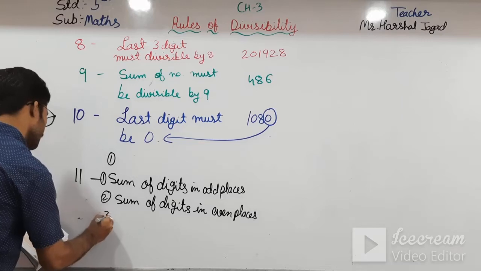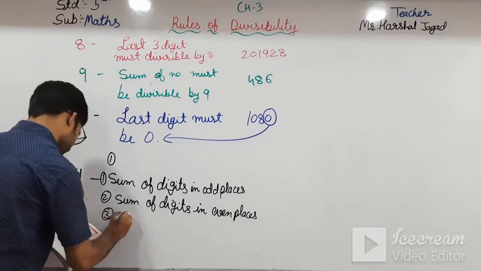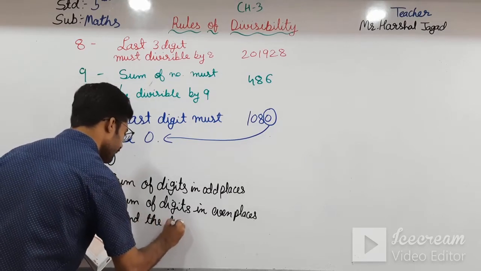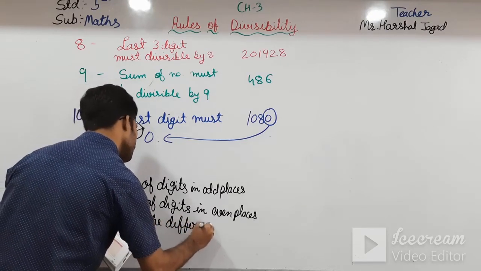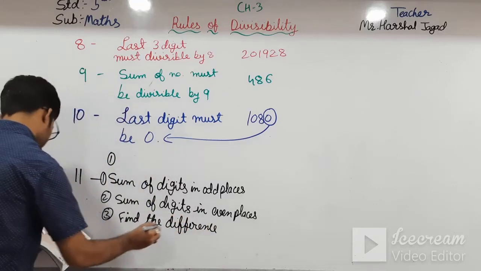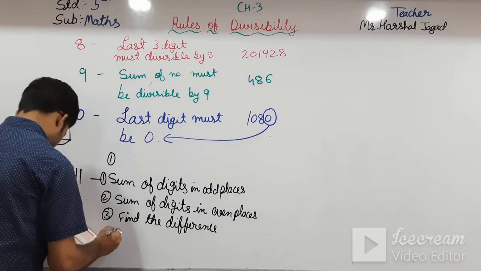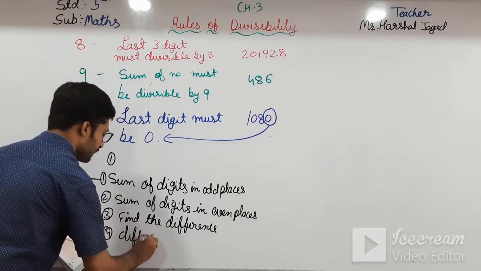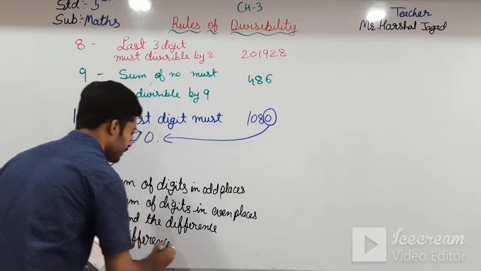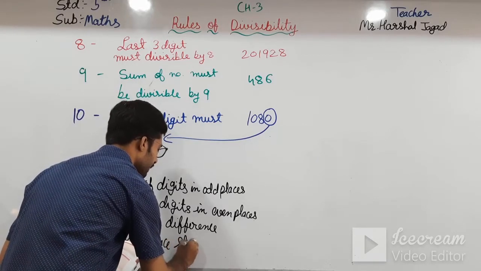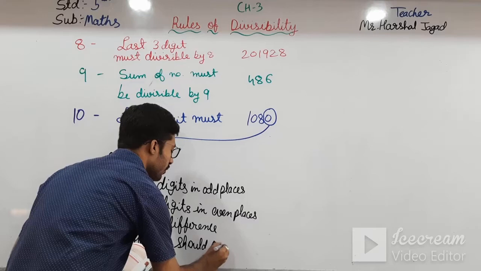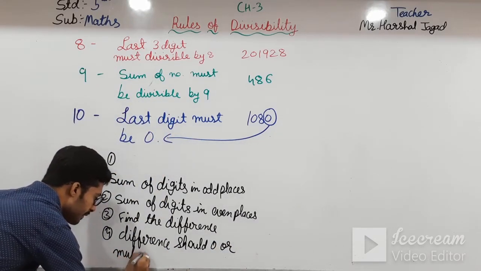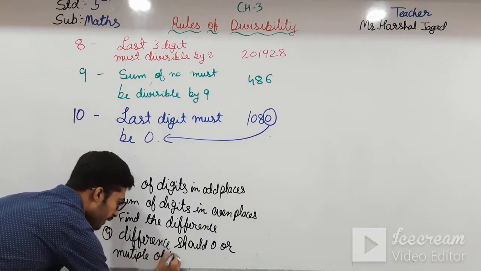Okay students, third one, difference. Find the difference, and the difference should be 0 or a multiple of 11.